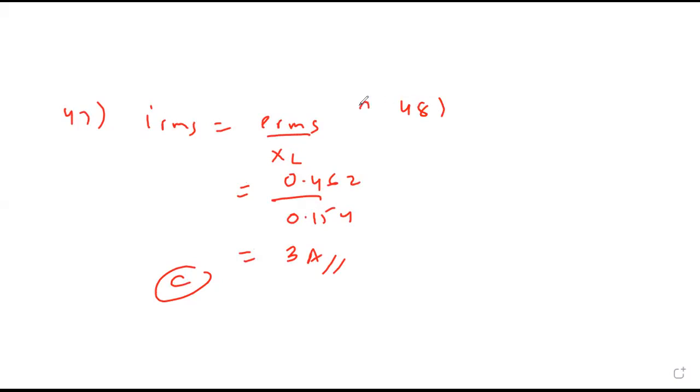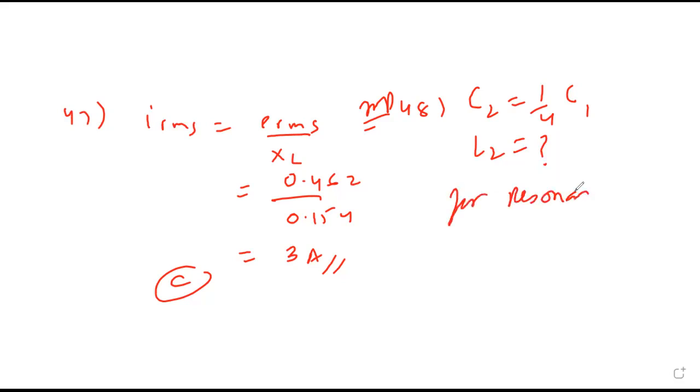48. In an LCR circuit, capacitance is made 1/4 when in resonance. Then what should be the inductance so that the circuit remains in resonance? For resonance, the frequency formula is 1 upon 2 pi root LC.